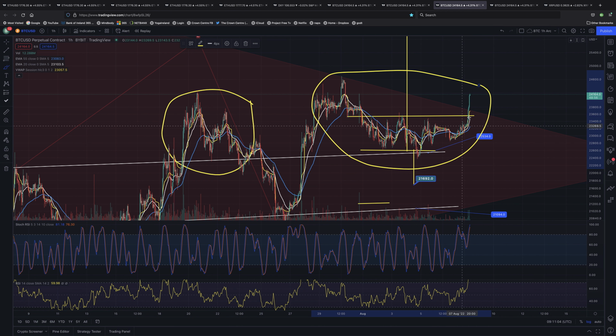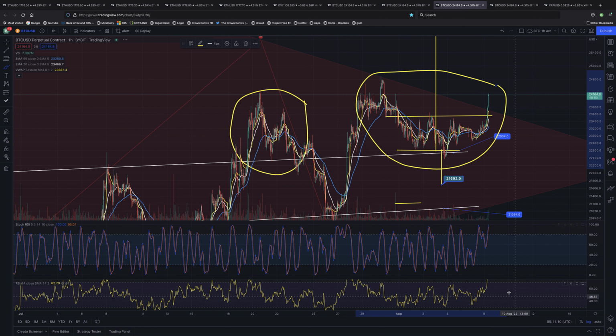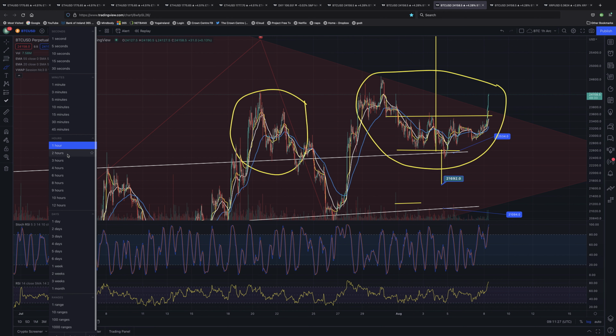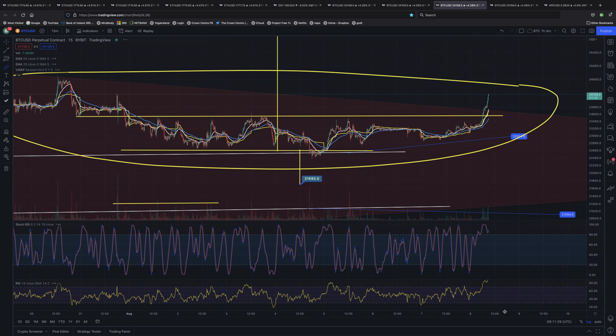the 20 on the 1 hour, and then a lift upwards, because on Bitcoin the RSIs are very much in the overbought. The 1 hour RSI is huge, super up high, and the 15-minute as well.